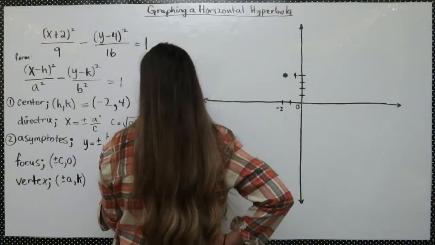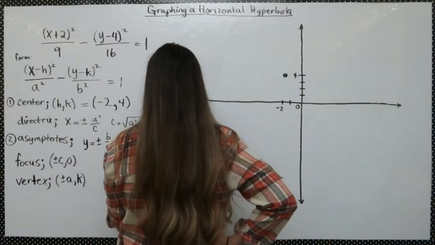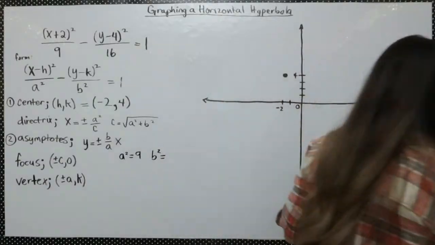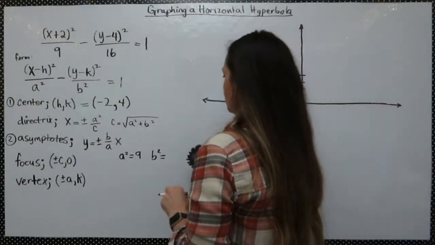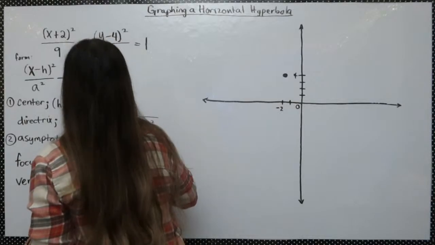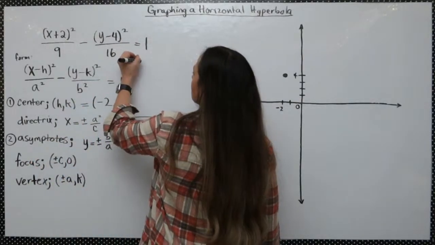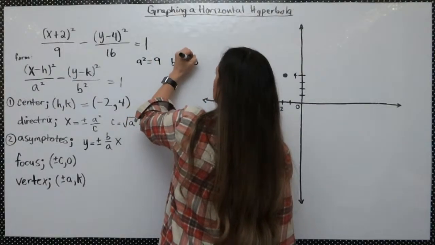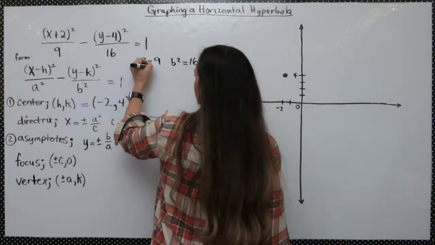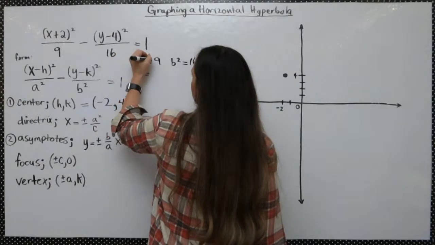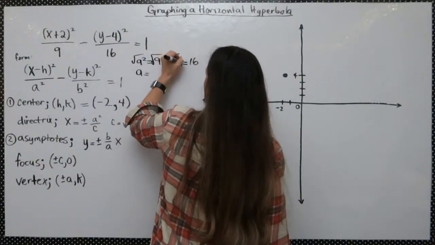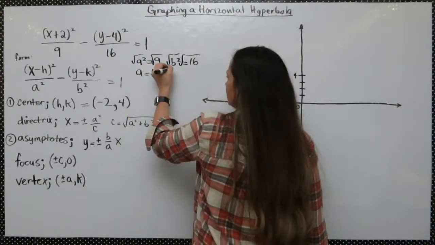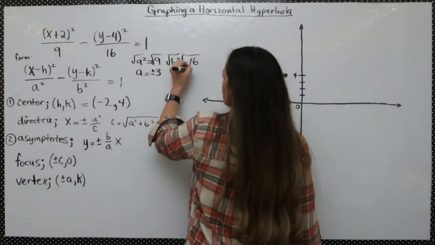So we'll say a squared equals 9 and b squared equals 16. So you'll take the square root of both sides, and you're going to get a equals plus or minus 3, and b is going to equal plus or minus 4.